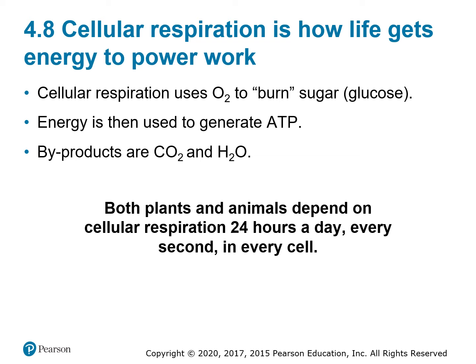Now, both plants and animals depend on cellular respiration 24 hours a day, every second, in every cell. Okay? If the cell does not get what it needs for cellular respiration, that cell will die. When people have heart attacks, they are not getting blood to their heart muscle, and then they are not getting what they need for making ATP, and that heart muscle will die.